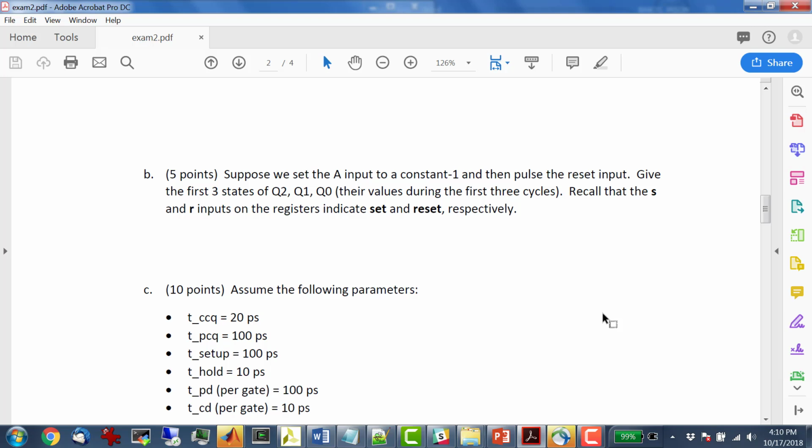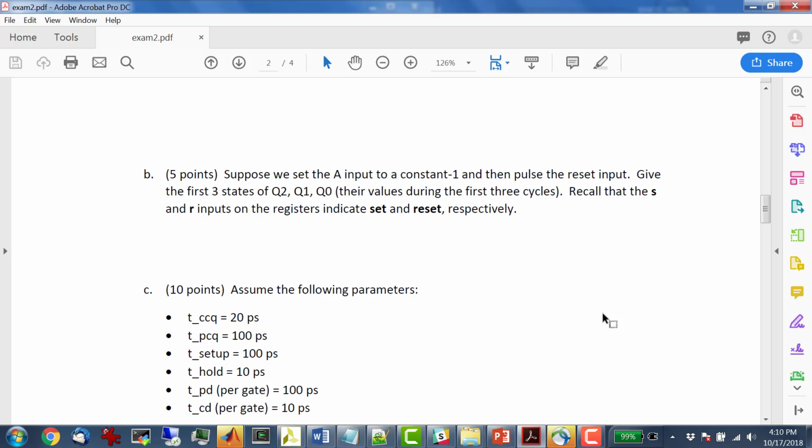And so we need to know the contamination delay of the register, TCQ, plus the contamination delay of the logic. I don't like their abbreviations for that, but TCQ plus TC.